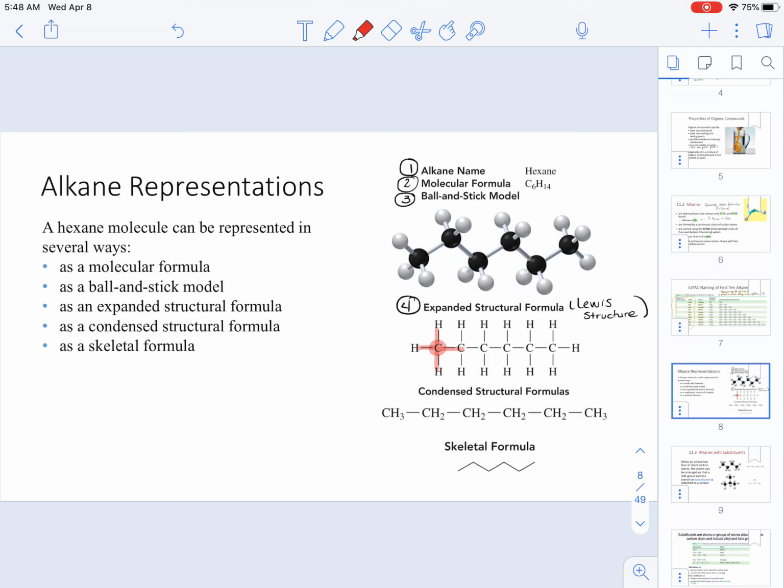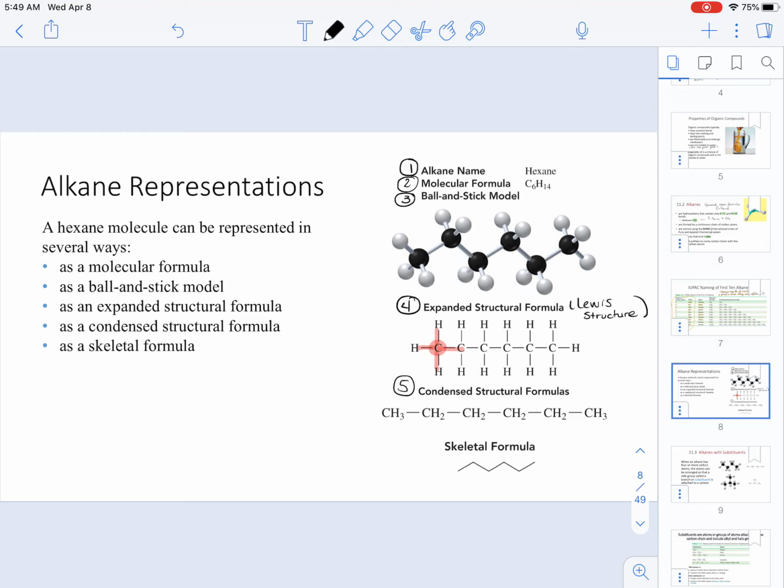Now, when it comes to the condensed formula, understand that the condensed formula, when we compare it to the expanded formula, is when we include or bring in the hydrogens.